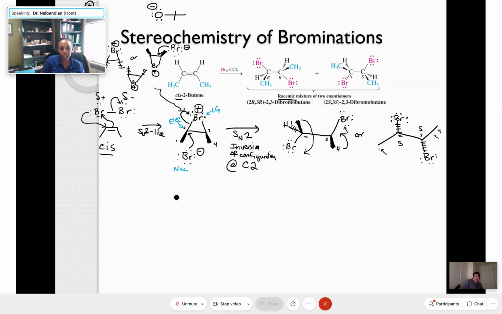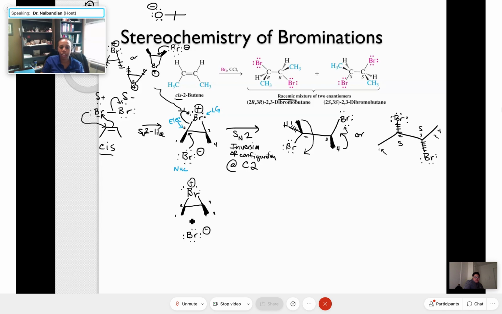So we have here the exact same intermediate, positive charge. This is still 1, this is 2, 3, and 4. So if I have my bromide attack carbon 2 in one case, let's have it attack carbon 3.